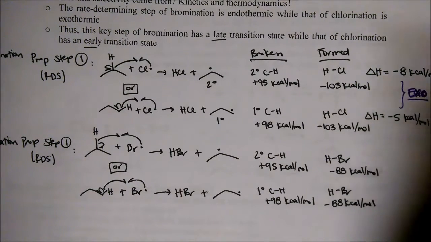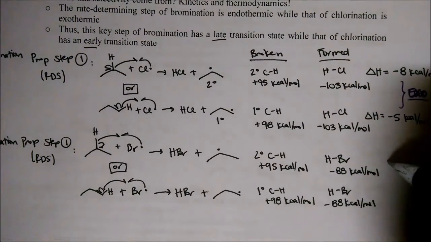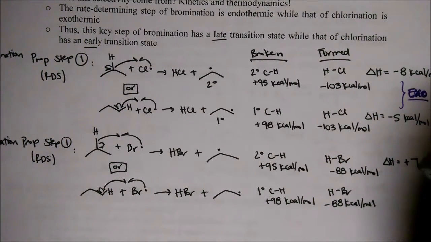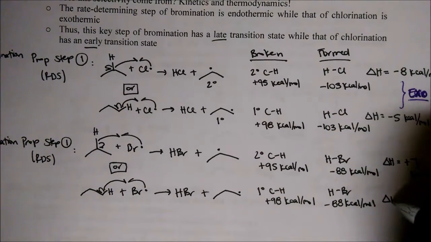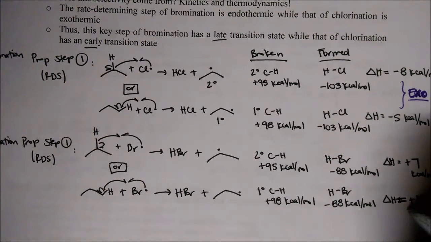So if we do our math, the delta H here is actually positive 7 kcal per mole, and down here it equals plus 10 kcal per mole.